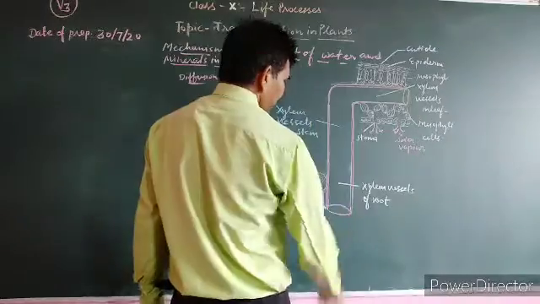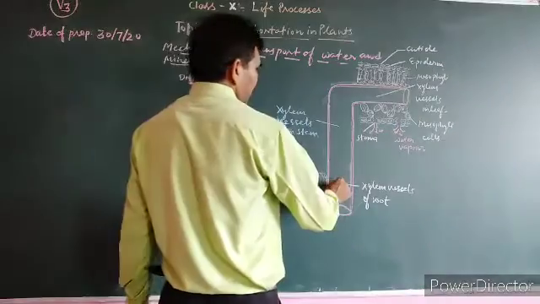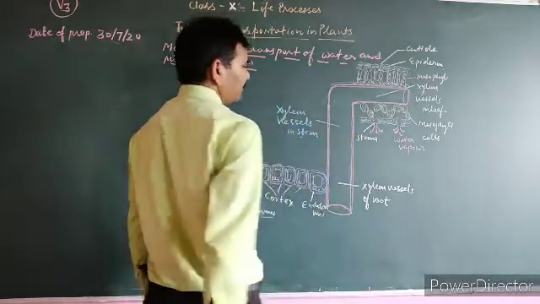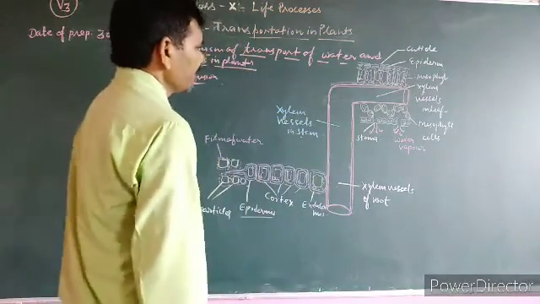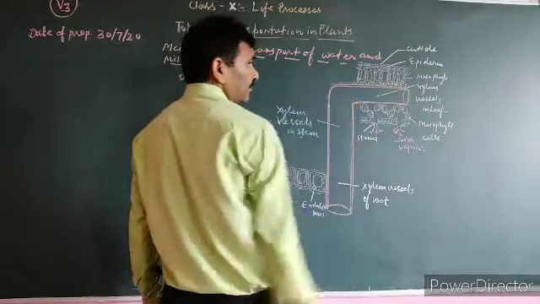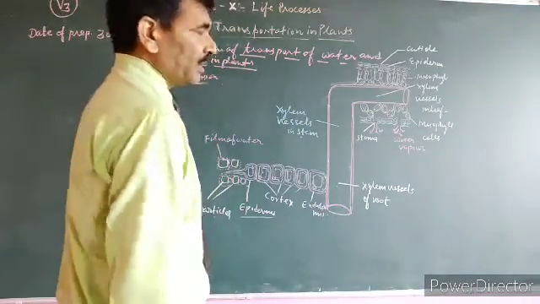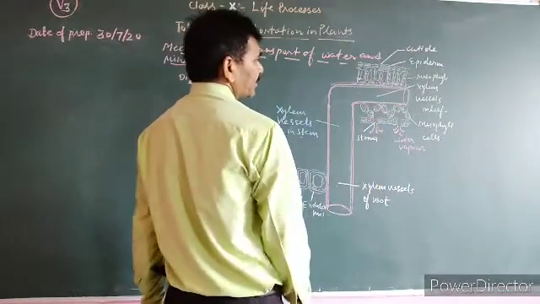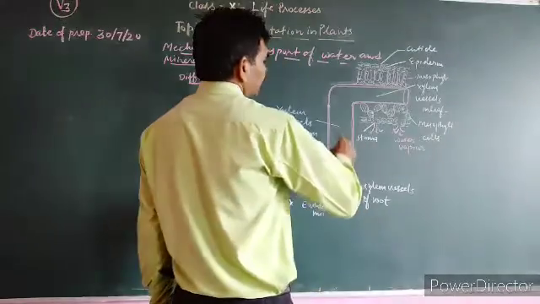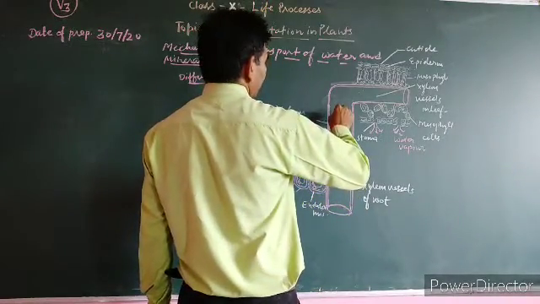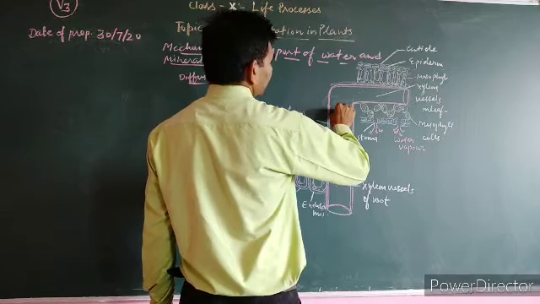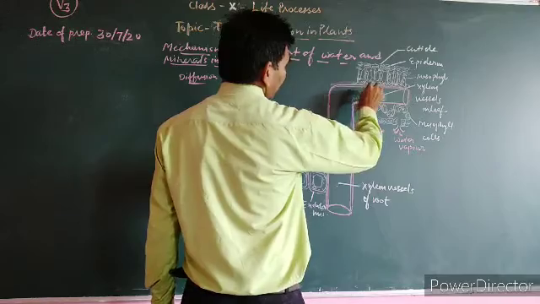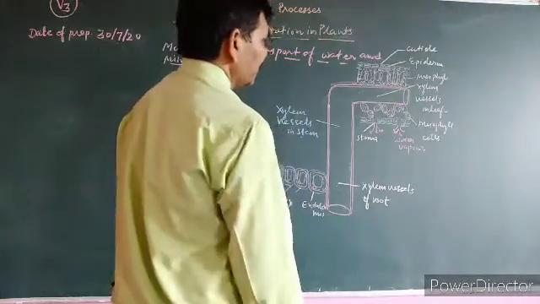From xylem vessels of the root, water reaches the xylem vessels of the stem. Xylem vessels of the stem branch into xylem vessels of the leaf. Water from the stem xylem vessels is transported to xylem vessels of leaves.